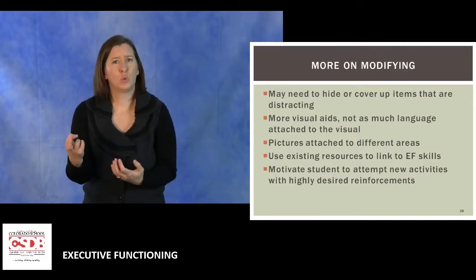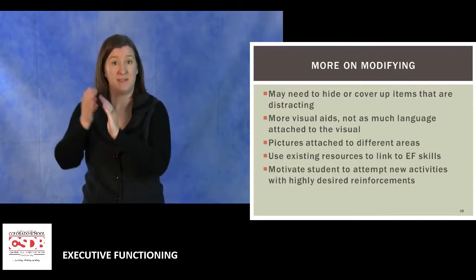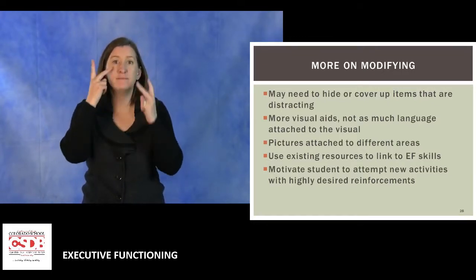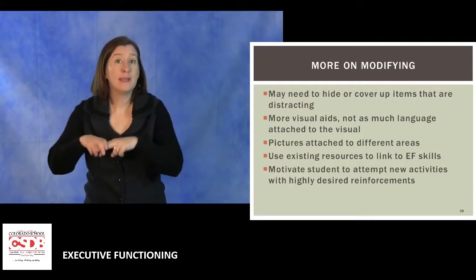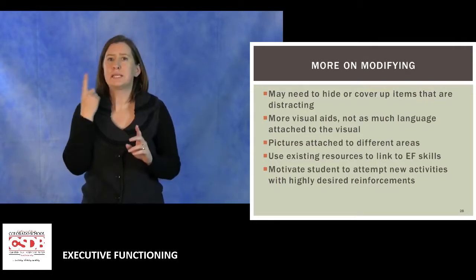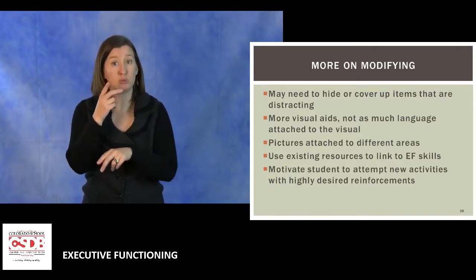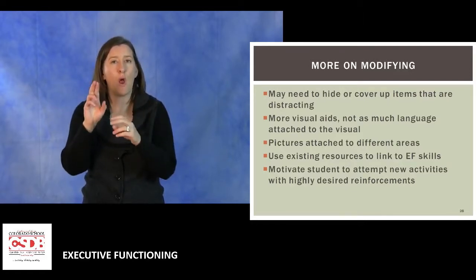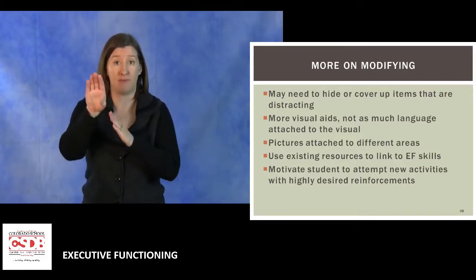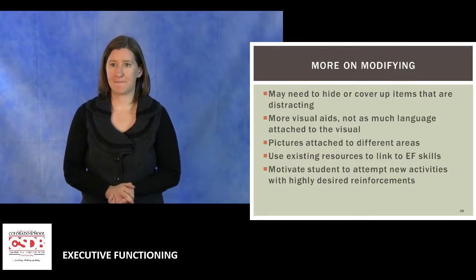And then use your current resources for developing EF skills. If you already have swings in your classroom, you can use those resources, but try different ways or add activities to develop EF skills.